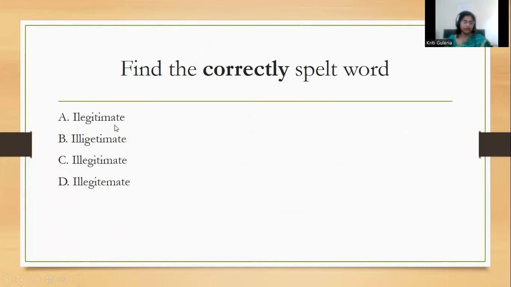Legitimate is legal, right? And you have to add prefix ill. What we had studied is any word which is added as a prefix will not change the original word. So illegitimate, ILLEGITIMATE. Legitimate is intact, and we just add IL. So option C will be correct, that is ILLEGITIMATE.